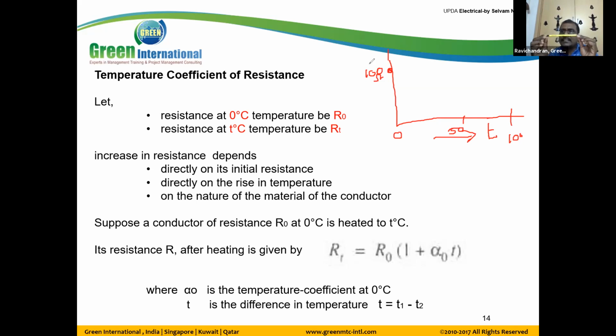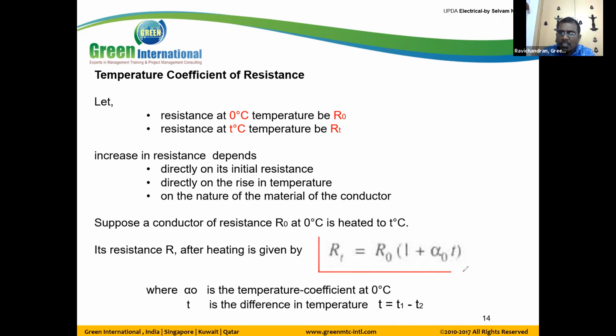Now I put the conductor in a 50 degrees Celsius place and measure this value. Now the resistance value is increasing. And if the 50 degrees Celsius is increased to 100 degrees, once again it increases. So from this data, they derived a formula. That formula we call Rt is equal to R naught (1 plus alpha t).